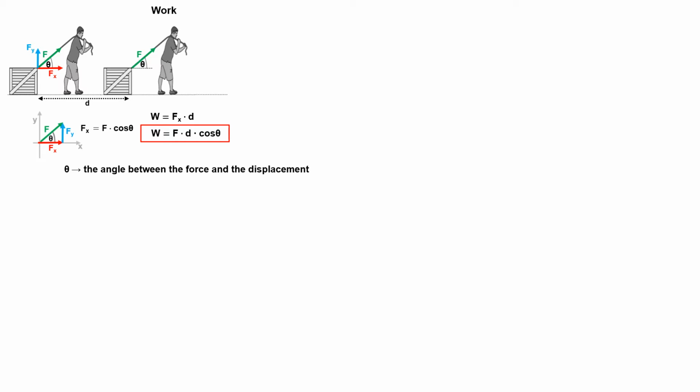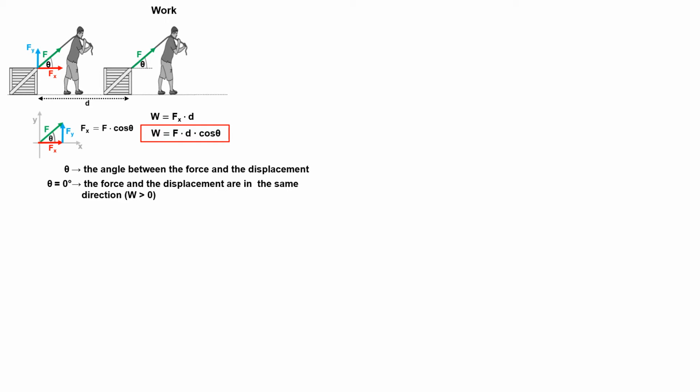The angle is not just any angle, but rather a very specific angle. If the angle between F and d is 0 degrees, the force and the displacement are in the same direction. Then positive work is being done, and all of the effort moves the object. In this case, the object on which the force is applied gains energy.